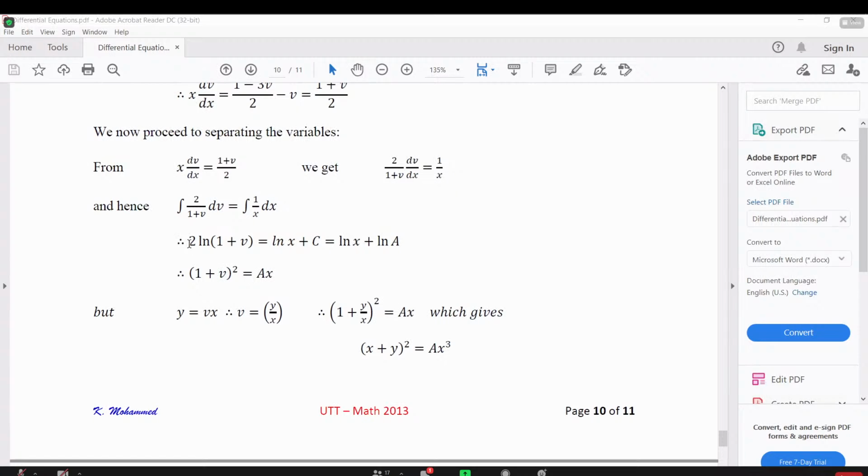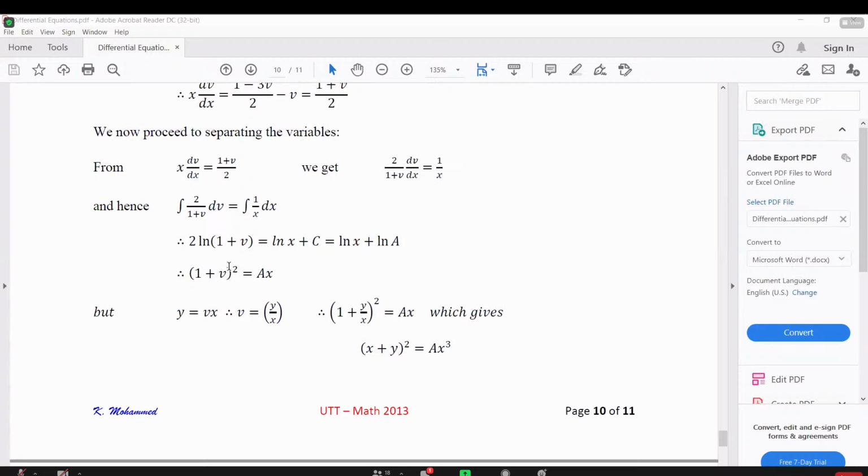But if we stop on this line here, then remember that we cannot leave v in our answer, all right? We have to replace v from our original substitution. y is equal to vx, therefore v is equal to y on x. And that's what we're going to substitute here.